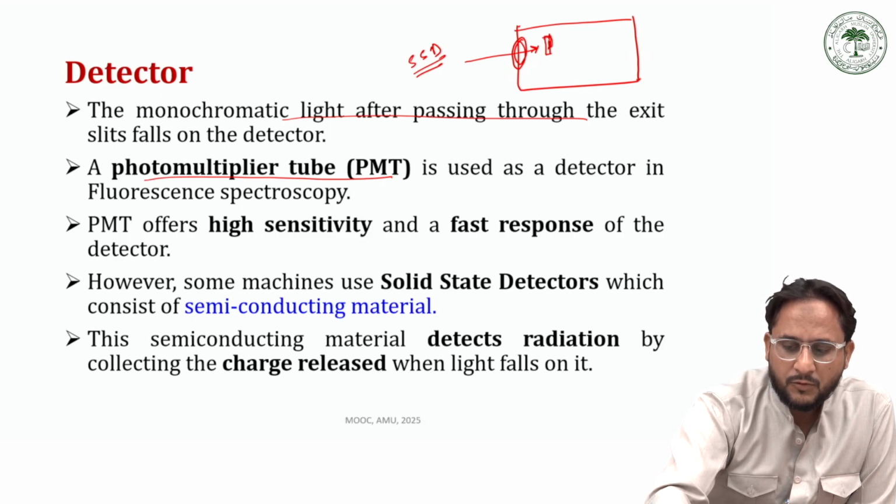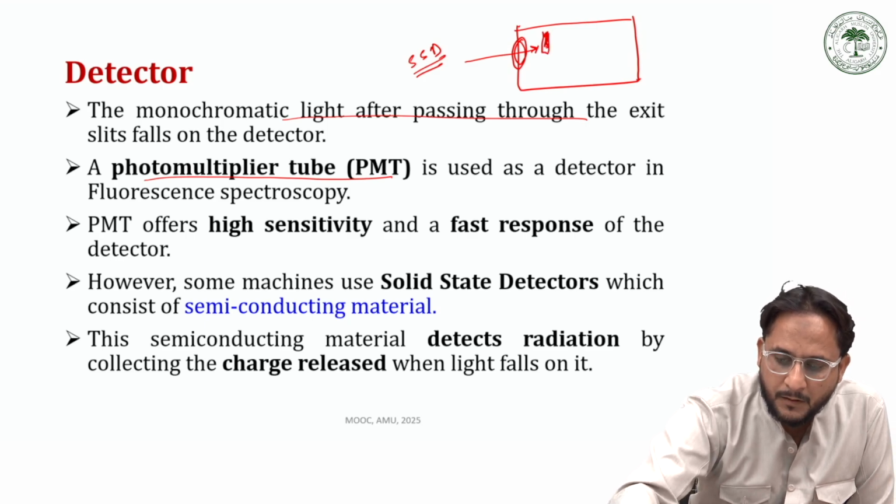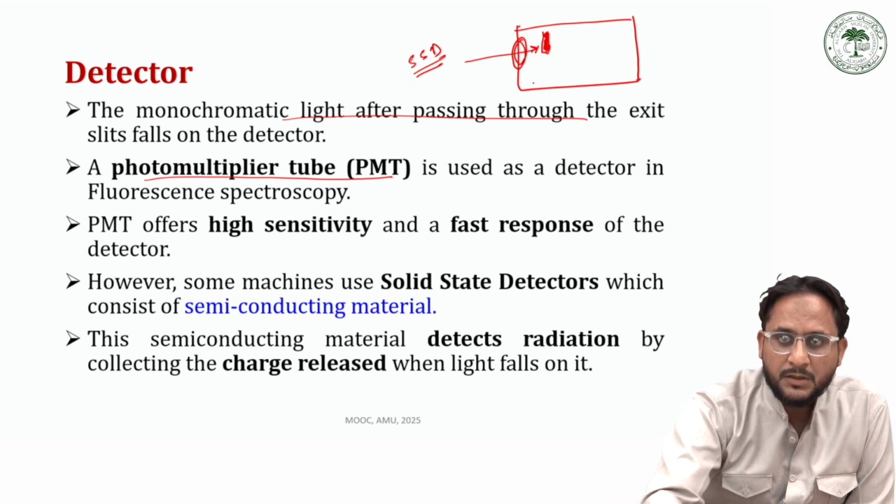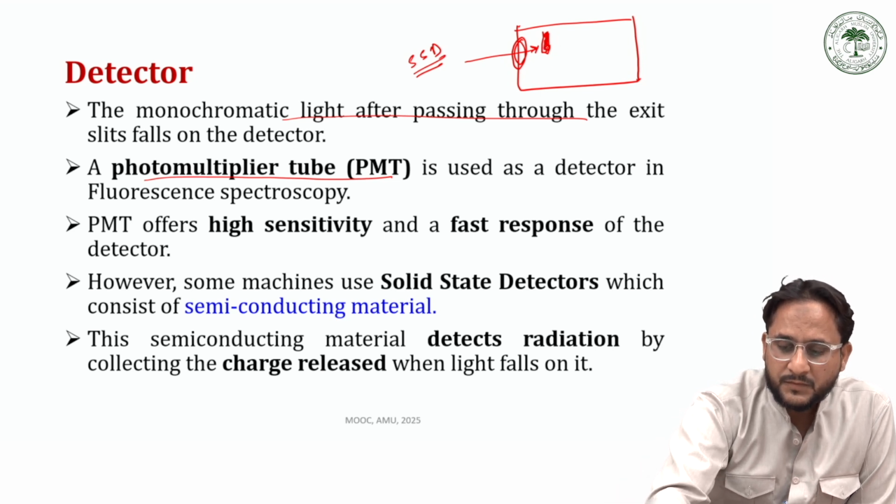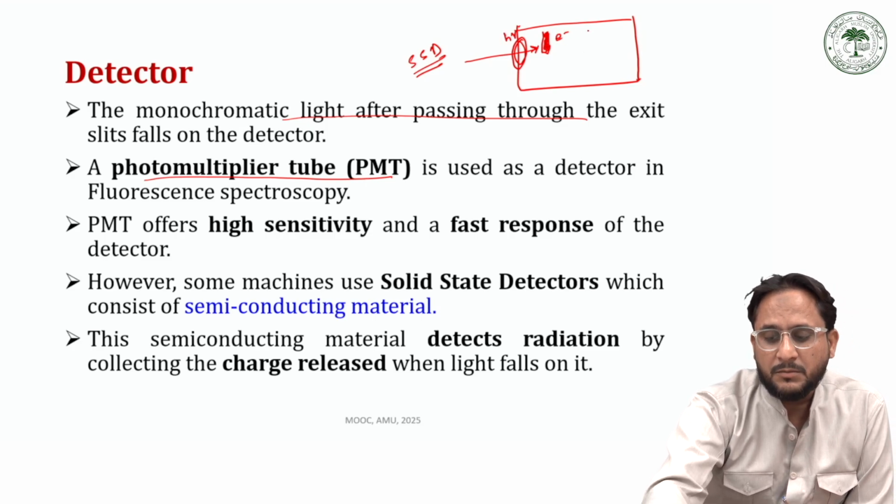So this is our photocathode. When the light photons are absorbed by this photosensitive cathode, electrons are emitted.